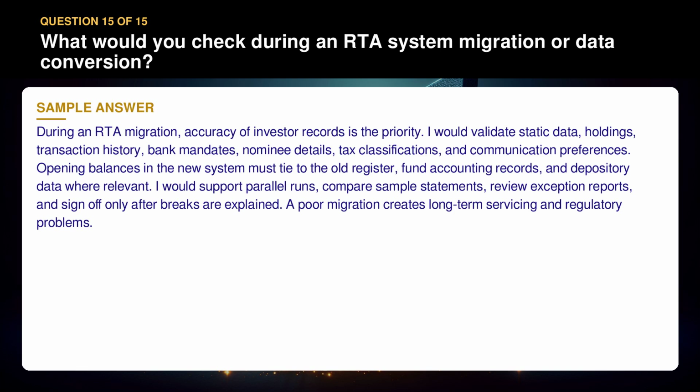Opening balances in the new system must tie to the old register, fund accounting records, and depository data where relevant. I would support parallel runs, compare sample statements, review exception reports, and sign off only after breaks are explained. A poor migration creates long-term servicing and regulatory problems.